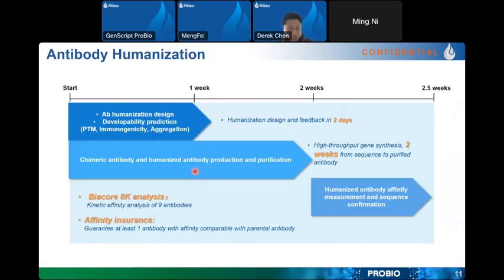Currently, the humanization work takes less than 3 weeks at GenScript Global, including the sequence design, the humanized candidate purification, and affinity measurement by Biacore. Besides humanization itself, a panel of developability indicators such as post-translational modification hotspots, immunogenicity, and aggregation propensities can also be included during this stage.